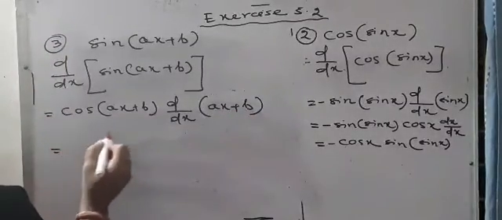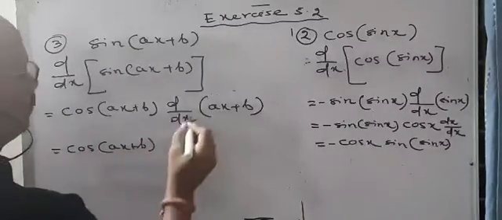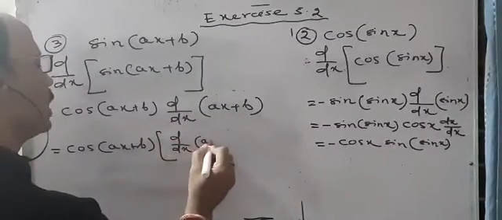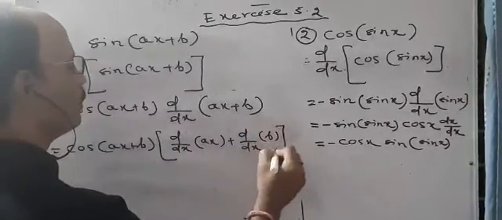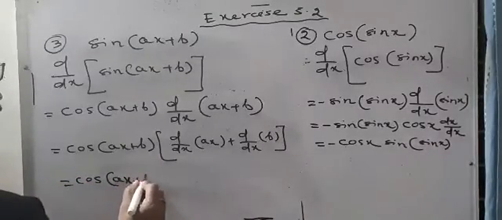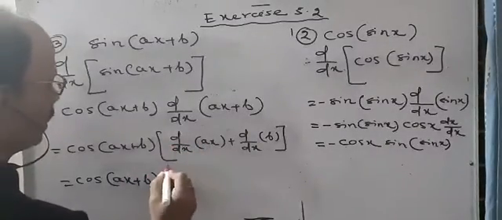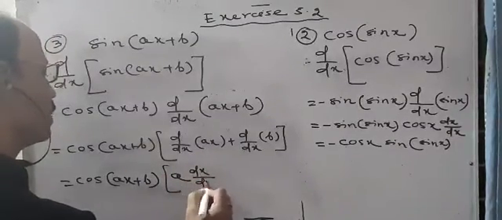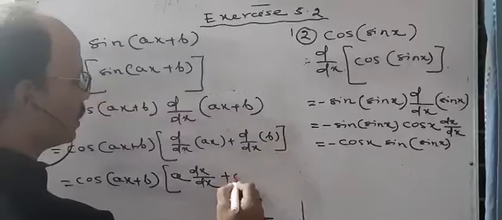Now it will be cos(ax + b). Then d/dx of this is d/dx of ax plus d/dx of b. Since a is a constant, it comes to this side, and it is dx upon dx, plus d/dx of b, which is a constant, so it will be 0.